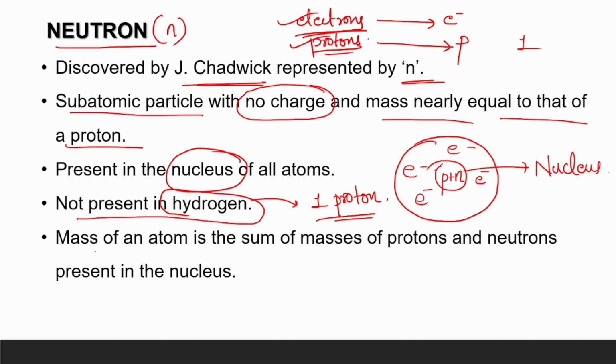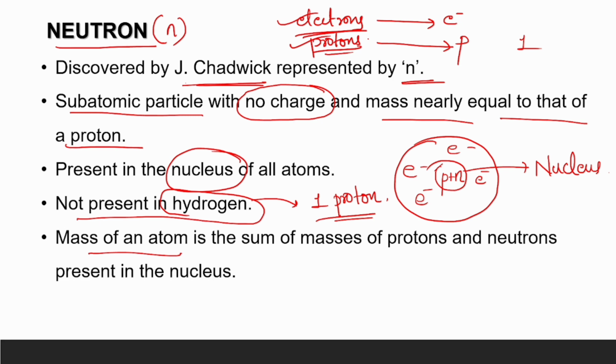Next, what is the mass of an atom? We studied in the Rutherford atom model. What is the third postulate? The mass of an atom is concentrated inside the nucleus, isn't it? So, the mass of an atom will always be the sum of the mass of proton and neutron. The whole mass of an atom is concentrated inside the nucleus, as proposed by Rutherford. Now we understood that inside the nucleus, proton and neutron subatomic particles are present.